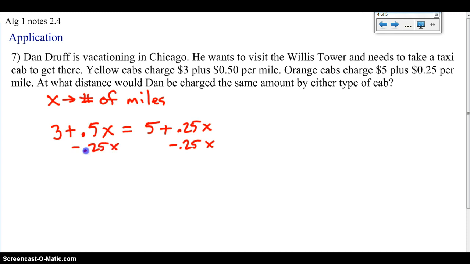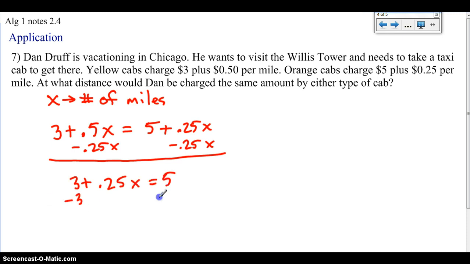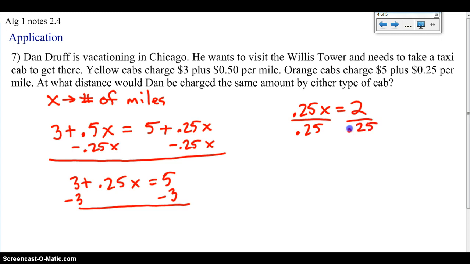I'm subtracting the 0.25x from each side. We can then subtract 3. And then we'll divide by 0.25. Now dividing by 0.25 may seem a little bit tricky to you, especially when we're not using a calculator, but you can think of it in terms of money.